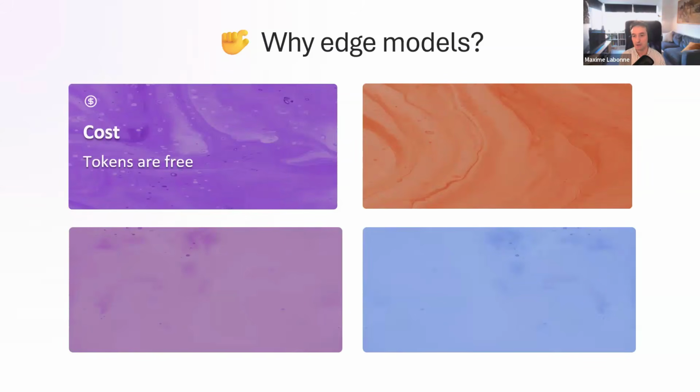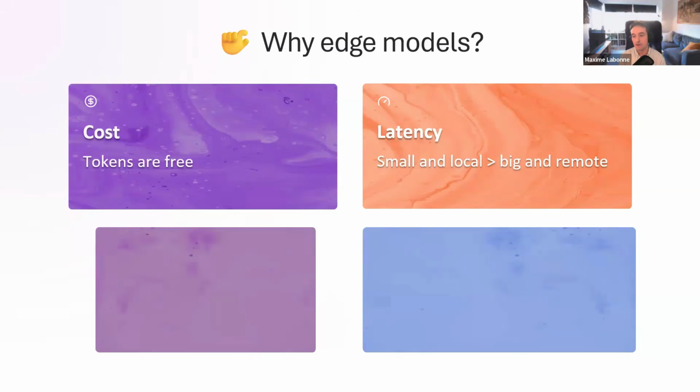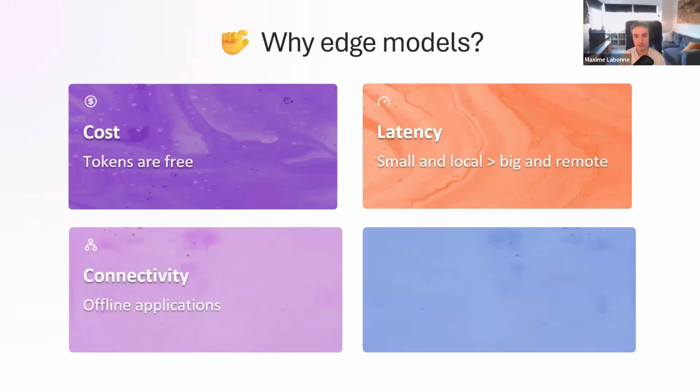A second thing that is very interesting is the latency. Because it's hosted locally, it means that you don't have the latency of a remote model. Plus, these models are small, so usually they're also faster by design. The third thing is connectivity. With API models, you cannot really power applications that cannot rely on a stable connection.